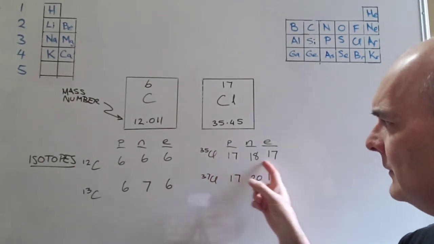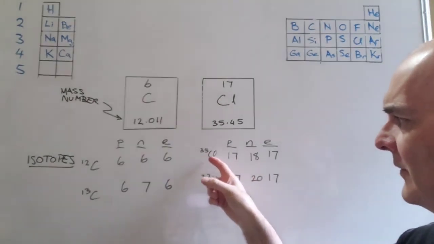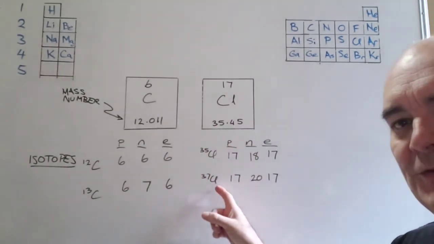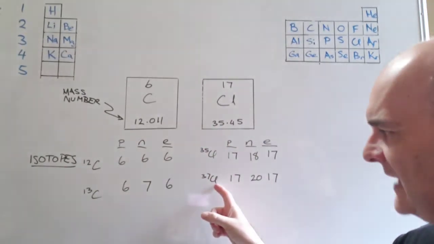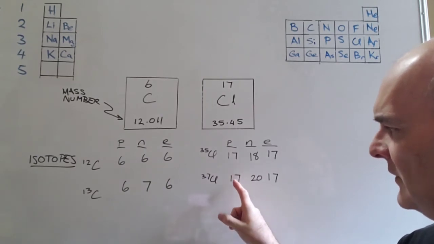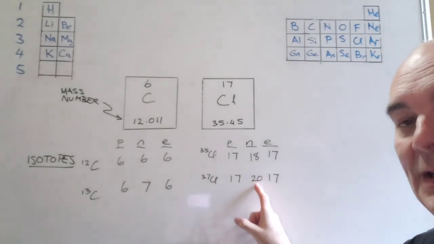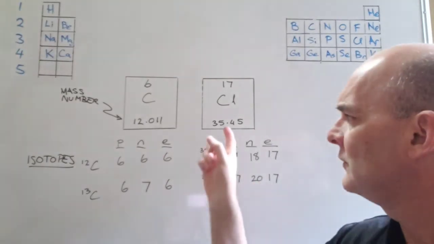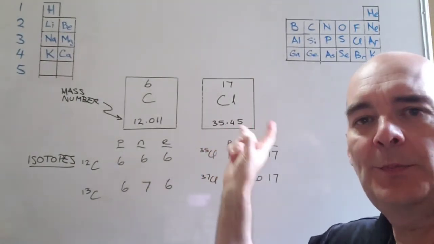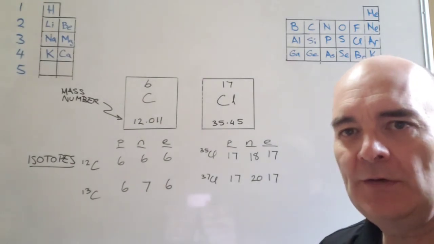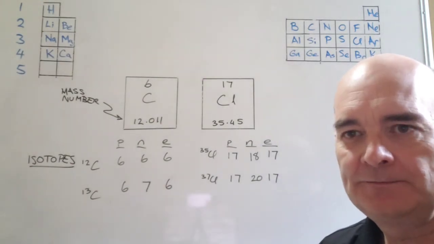There is most chlorine-35 in nature, but there is also chlorine-37. Chlorine-37 has 17 protons, 17 electrons, but 20 neutrons. So the number that goes inside the box is a weighted average of all of the available isotopes.